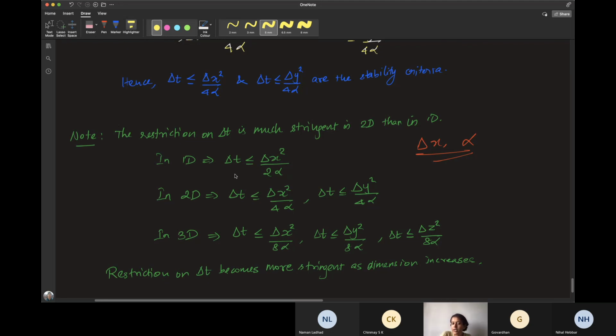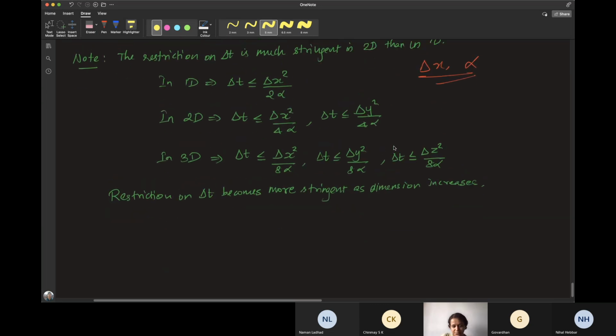In addition to that, you need to restrict your time step also. That is, delta t for 1D is bigger than the delta t that is required for 2D. So because of this restriction also, your computational time will increase when you go to higher dimensions. So this is not really a good thing for higher dimensions.